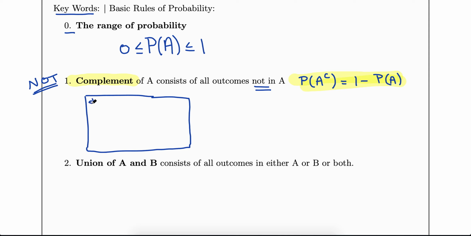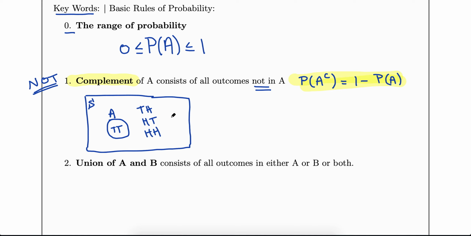I'll put an S to say this represents all 4 of my outcomes for tossing a coin twice. Event A had the values of tails, tails. And I still have all these other options: tails, heads, heads, tails, and then heads, heads.